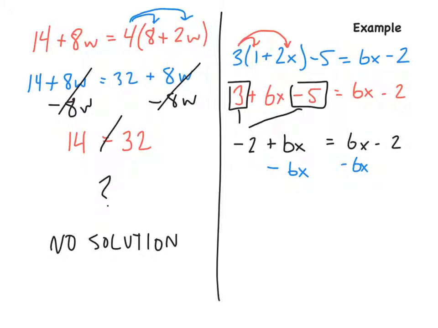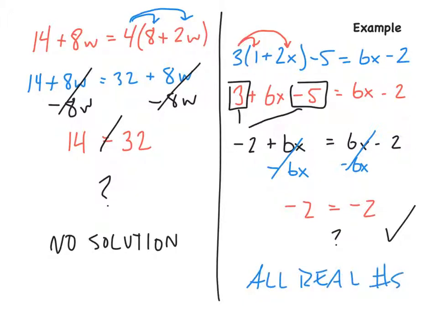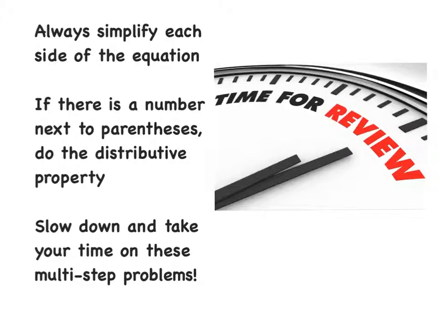So when those cancel, and these also cancel because plus 6x and minus 6x, those cancel out, all that we end up with on the left is negative 2 is equal to, and this right here is also a negative 2. So, let's think. Does negative 2 equal negative 2? Yes, it does. So what's our answer? All real numbers.